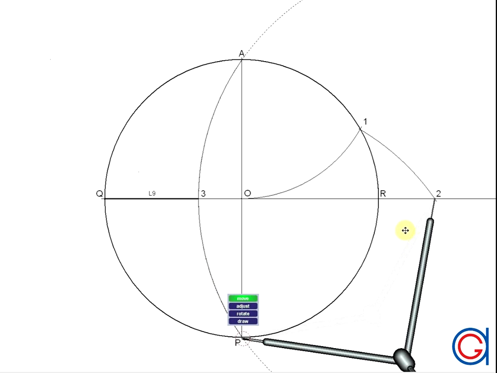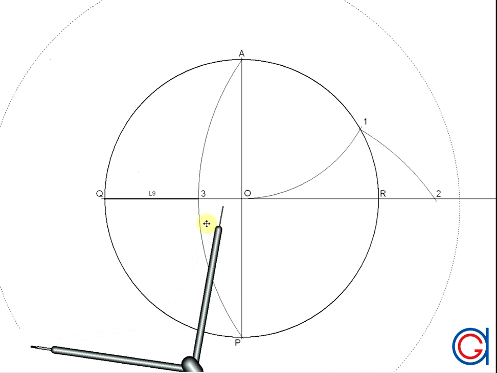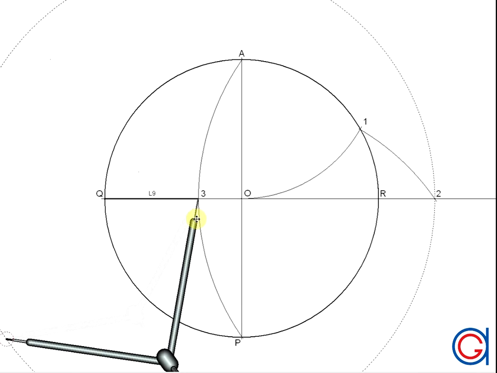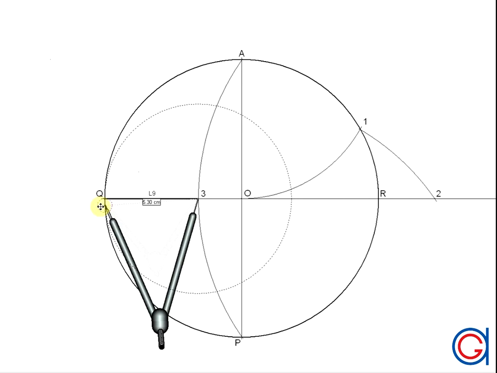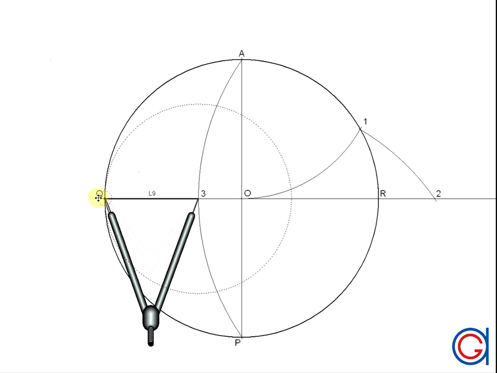So now, setting our compass to the length Q3, we are going to scribe 9 arcs on the circumference. As you can see, we set our compass to the length Q3, which will be the length of the side of our nonagon.